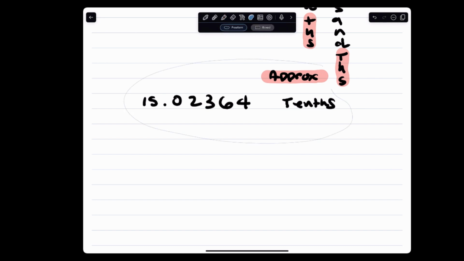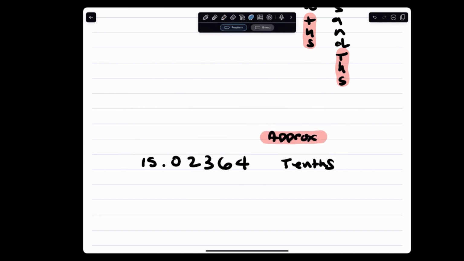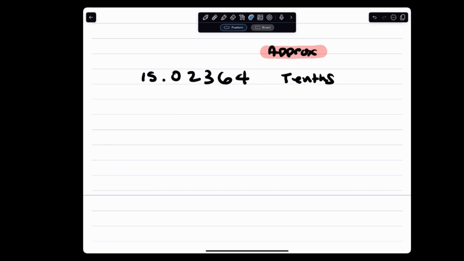What is an approximation? A guess? No, it's not a guess. It's actually trying to describe a number that is close to another number, but close in what decimal position, and that's what they're talking about.